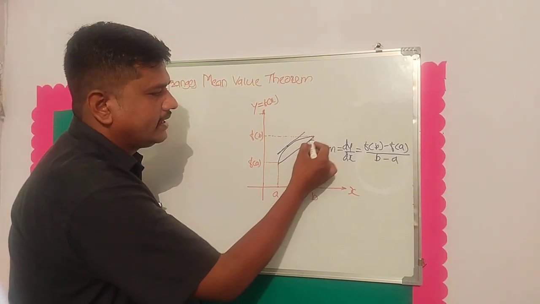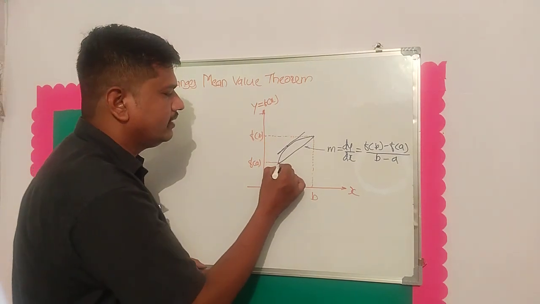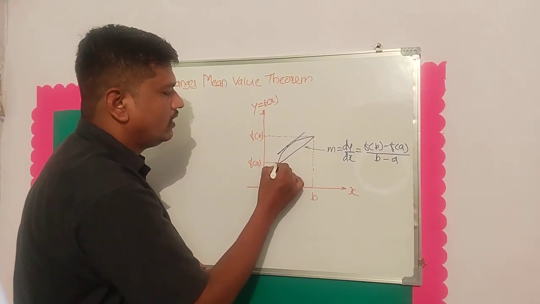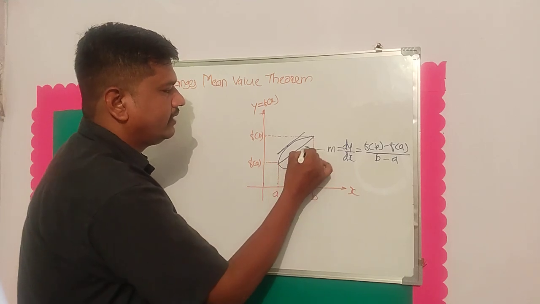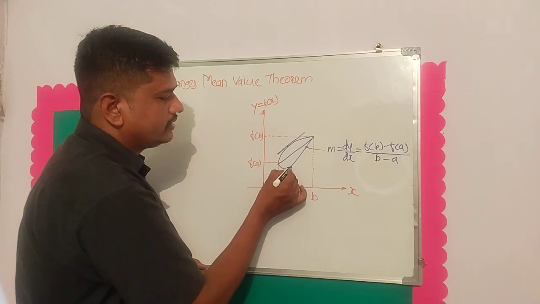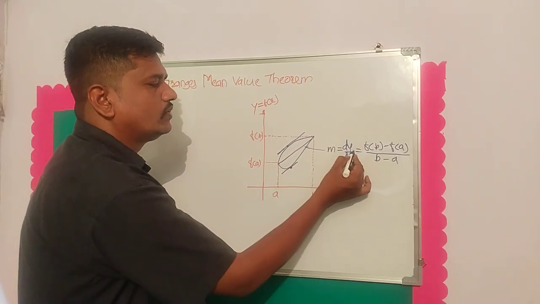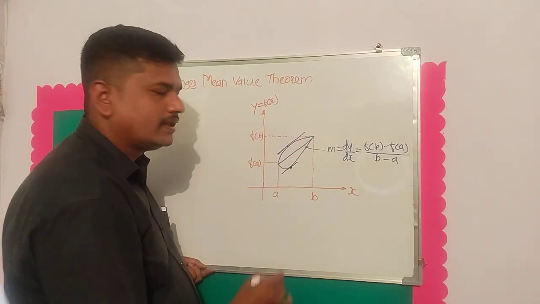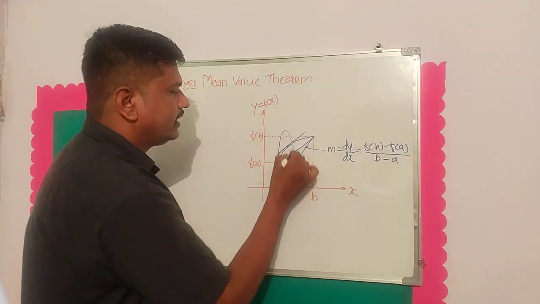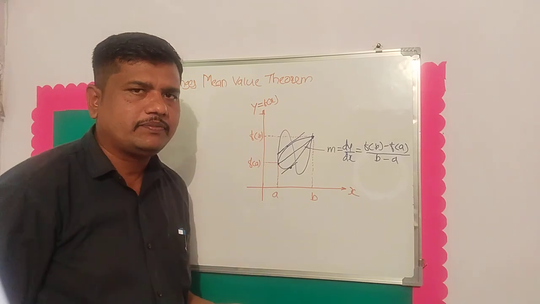If I consider this straight line, we already have that proved. Whatever the curve we draw, which should be differentiable and continuous, the slope for some point on that curve must be equal to the slope of this line. So you can try any version, you can get at least one point. There can be many points.